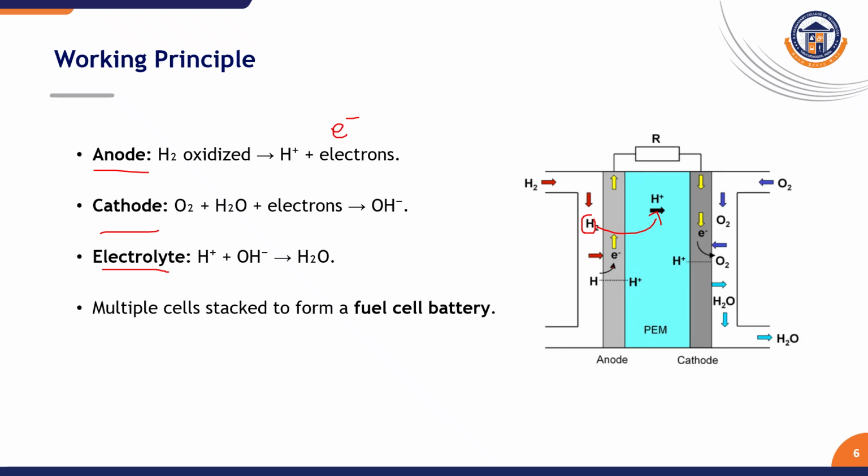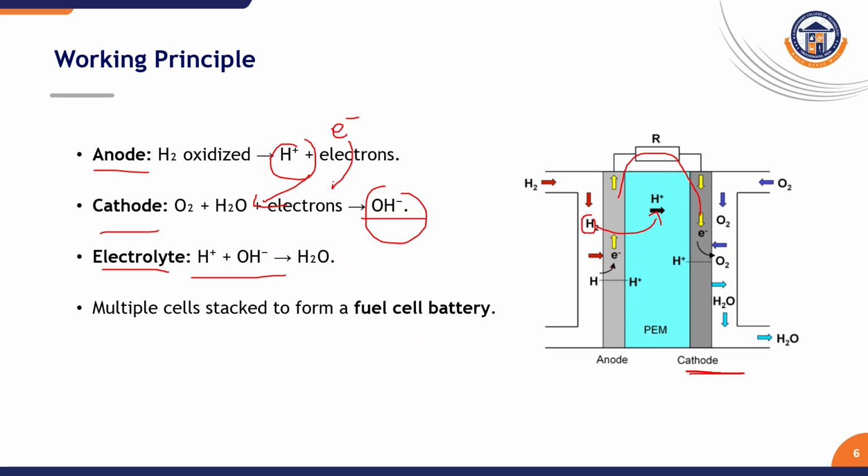What is the cathode? This is the cathode, where oxygen plus water takes up the liberated electrons in the cathodic reaction to form OH- ions. The overall reaction is H+ plus OH- forming H2O.